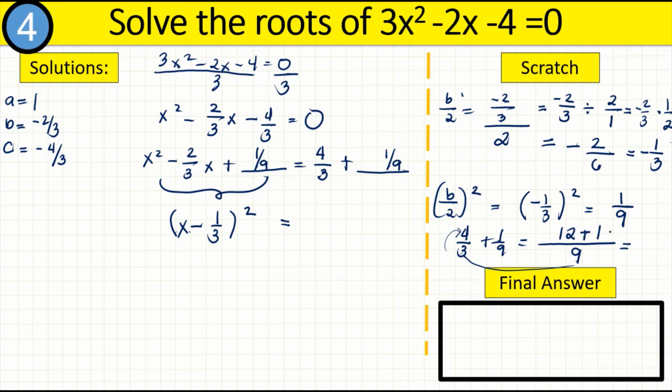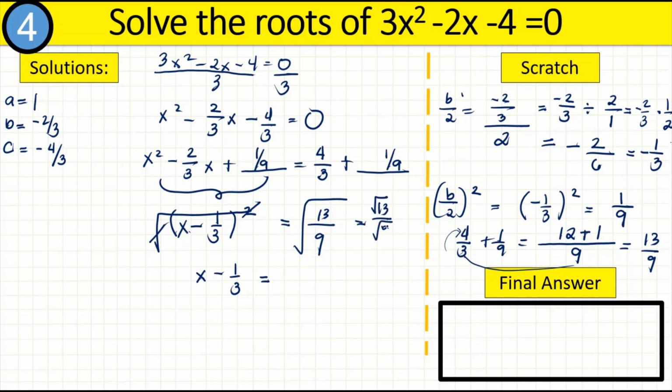So, 13 over 9. So, dito is 13 over 9. So, i-square root both sides of the equation. I-square root. So, cancel ito and ito. Matitira is x minus 1/3 is equal to square root of 13 over 9, which can be written as square root of 13 over square root of 9.